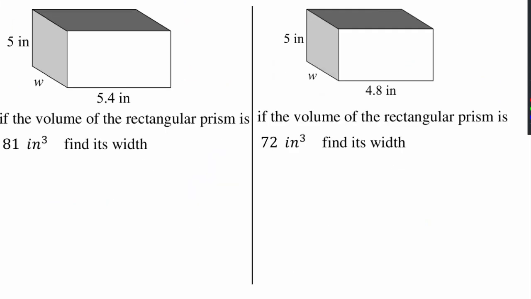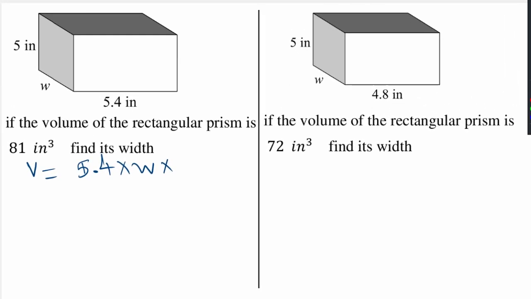Now, the part of the equation techniques. If the volume of the rectangular prism is 81 inch cubed, find its width. Simply apply the law. Volume equals 5.4 times width times 5.